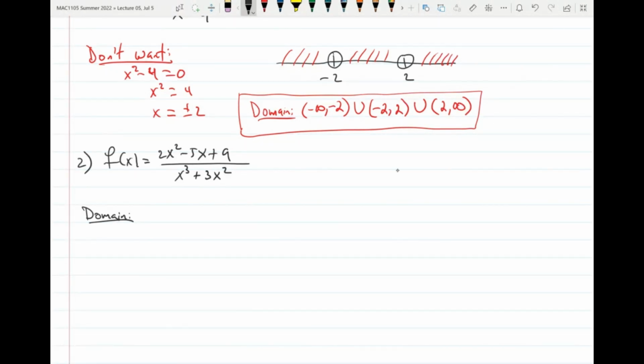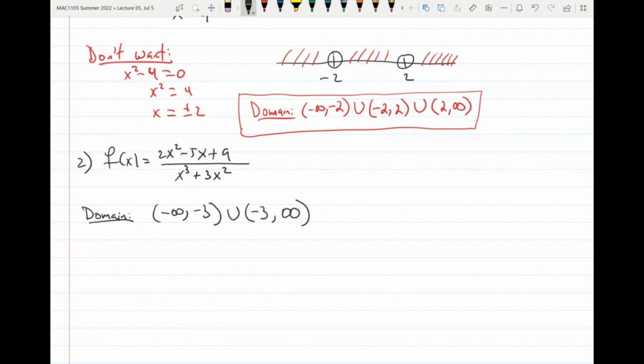Open parentheses, negative infinity, comma, -3, close parentheses, union, open parentheses, -3, comma, positive infinity, close parentheses. Is everybody getting the same thing?